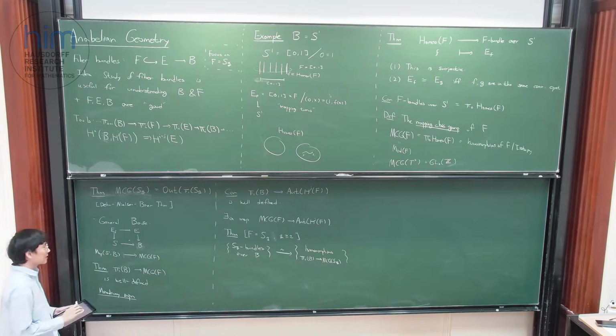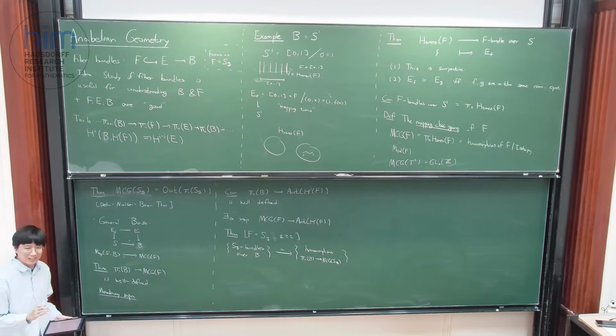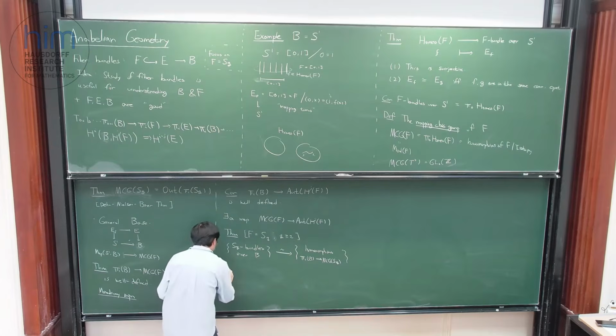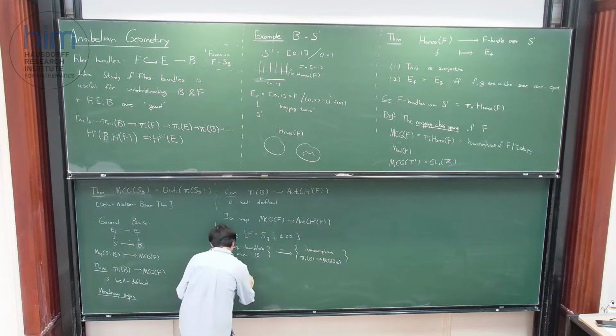Okay, I will not give a full proof of this because this is not a topology geometry talk, but I will give you a hint of how to prove this. The most important technical result in this proof is a theorem of Hamstrom.